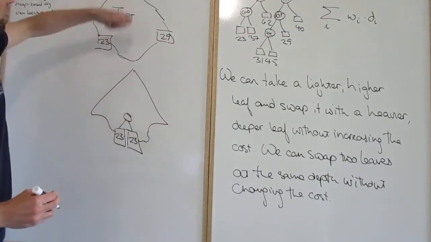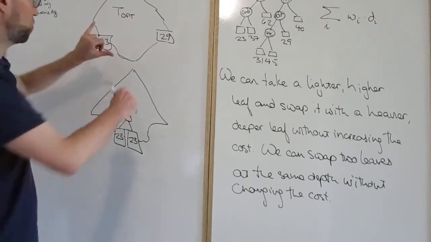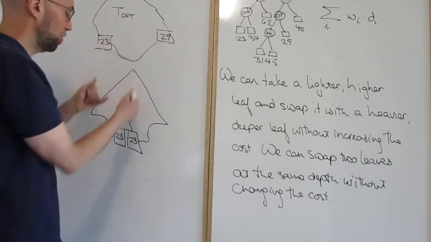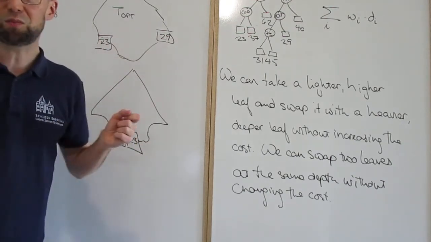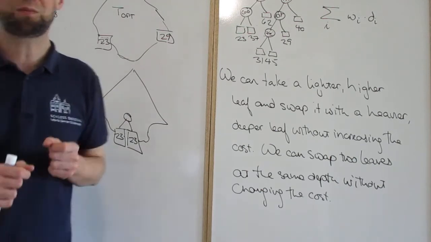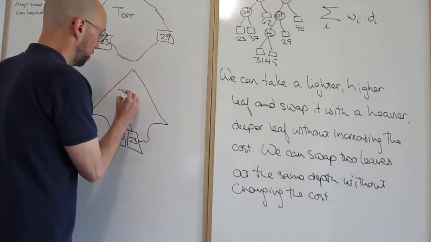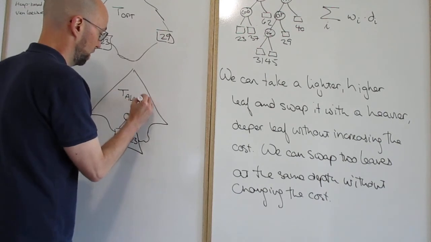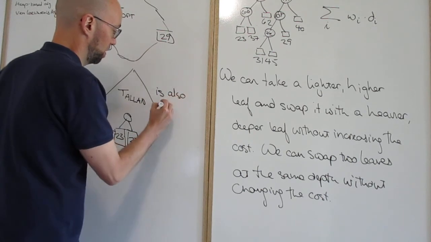And now we didn't increase the cost by swapping them with the deepest leaves, and we didn't increase the cost by moving them together and making them siblings. So this tree, T sub Alan, is also optimal.